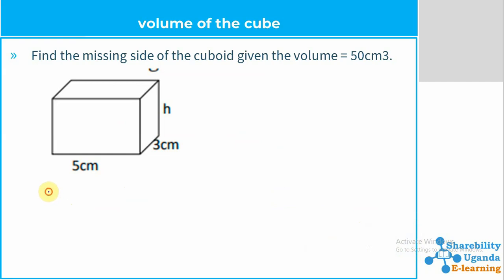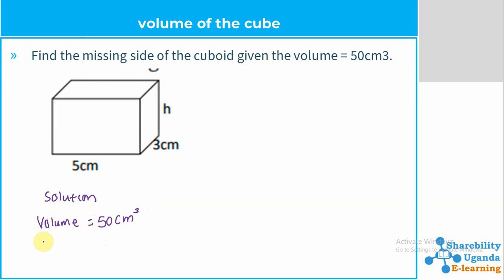Solution: find the missing side of the cuboid given the volume. Here we have been given the volume, which is 50 centimeters cubed.